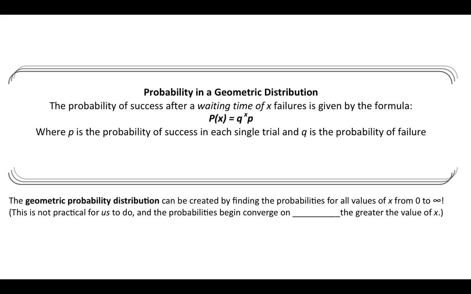Okay. So let's take a look at probability in a geometric distribution. Again, this is the probability of success after waiting through a certain number of failures before we get that success. So here it is. The probability of x failures is equal to the individual probability of failure, q, to the power of x, times p. And picture this.